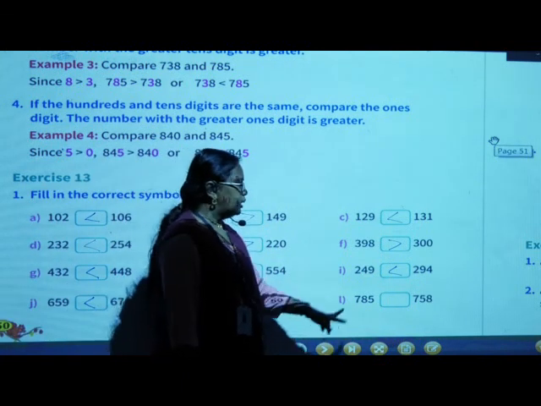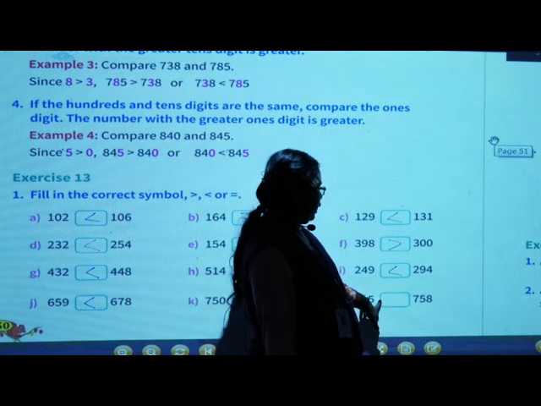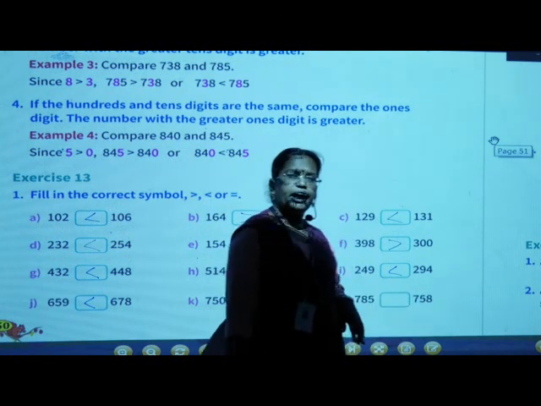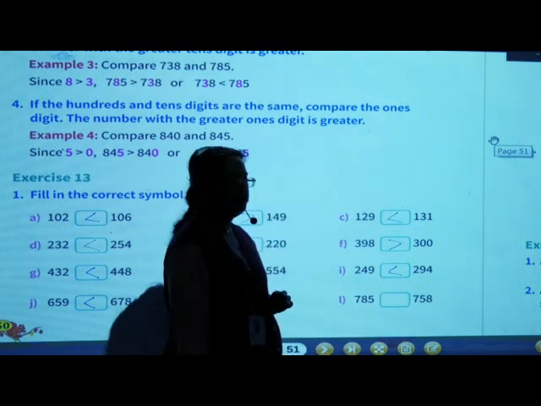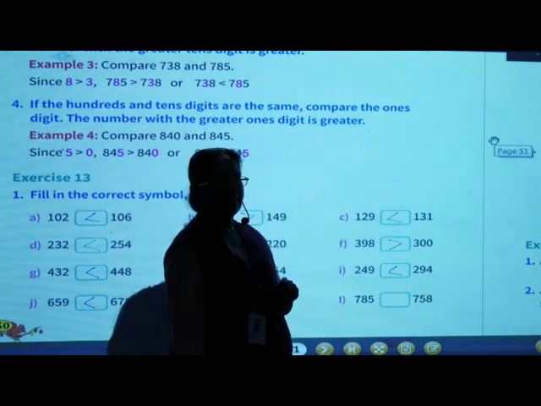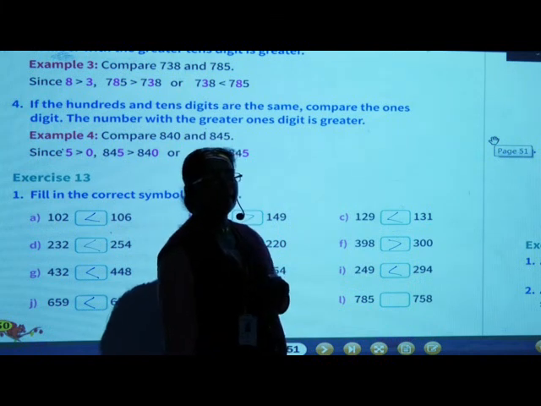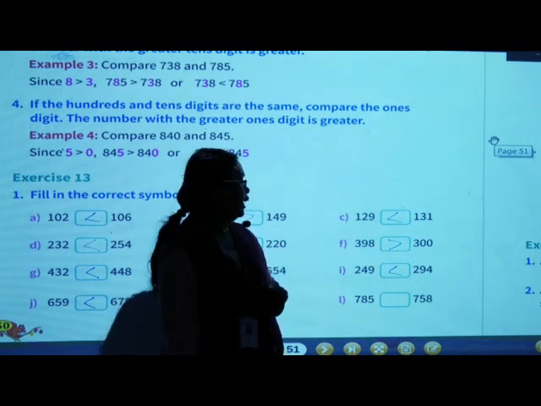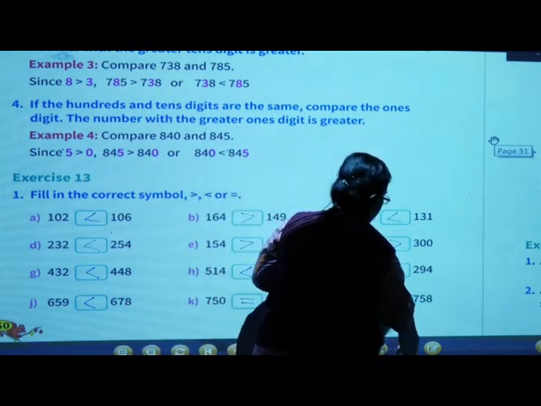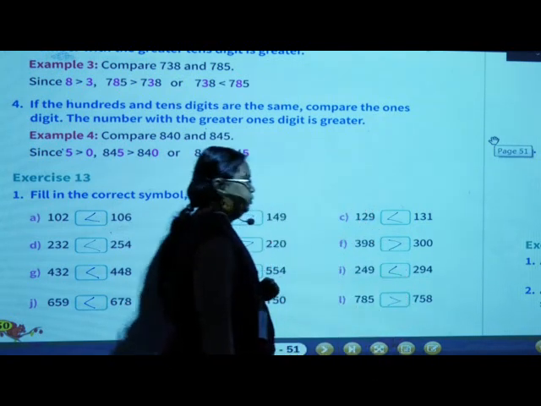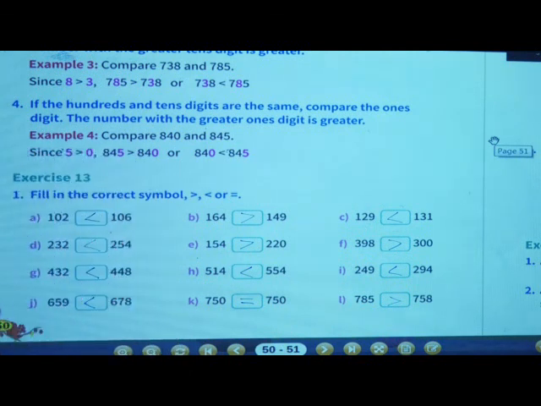Now here, is 785 greater than 758, or 785 lesser than 758? Yes, 785 is greater than 758. So take down this.